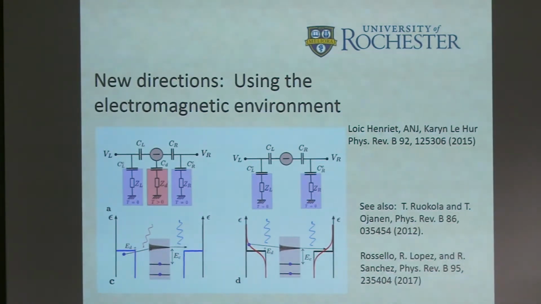Okay? So the way we solve this kind of model, Rosa talked about this in great detail the other day, so I won't repeat that, but it's using this P of E theory that takes into account the fluctuating phases of this environment and how that affects the tunneling transport of this quantum dot system.